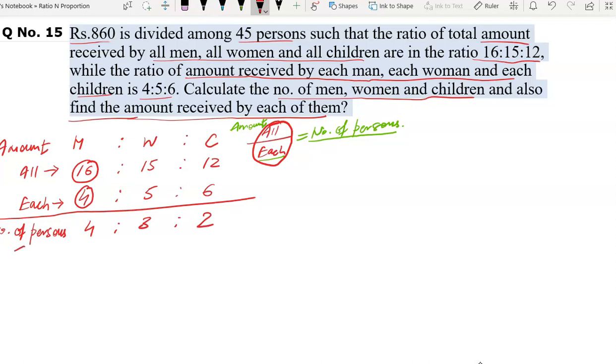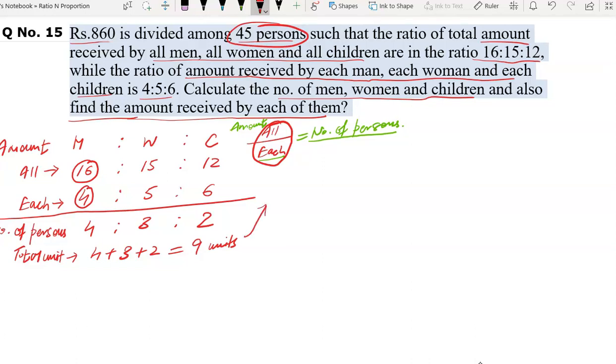Now total will be how much? Total units, total number of persons, this will be 4 plus 3 plus 2, this is 9 units, total number of persons, and the actual total number of persons is how much? 45 persons.